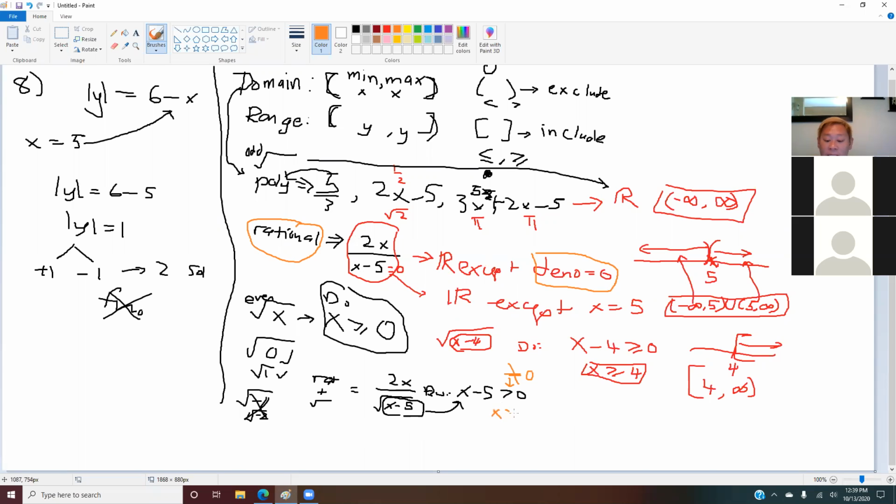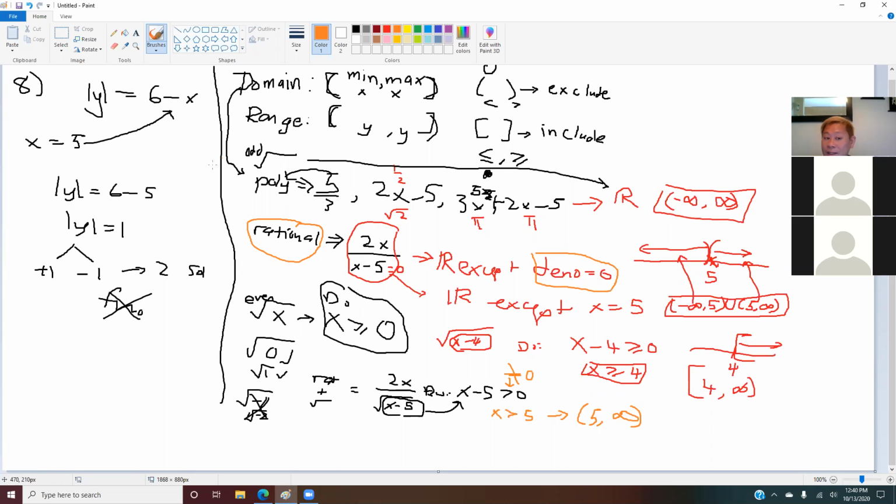When you solve for this, x is greater than 5. And it looks very similar to what we have on the square root. But in this case, you have to use parentheses. So be careful, because this one has no equal, and this one has the equal. Equal, you use brackets. No equal, you use parentheses.